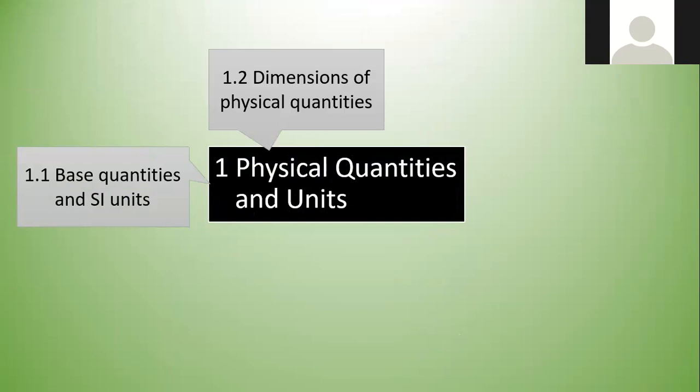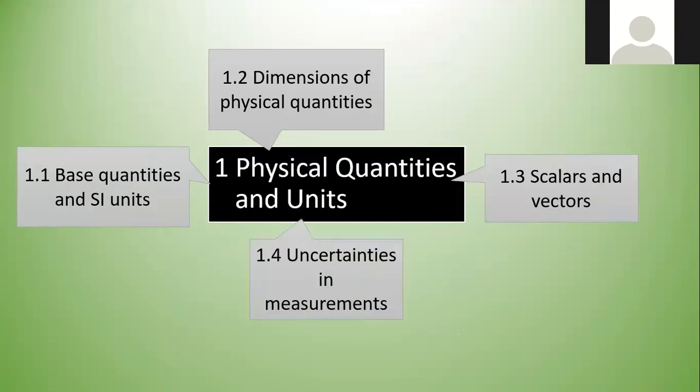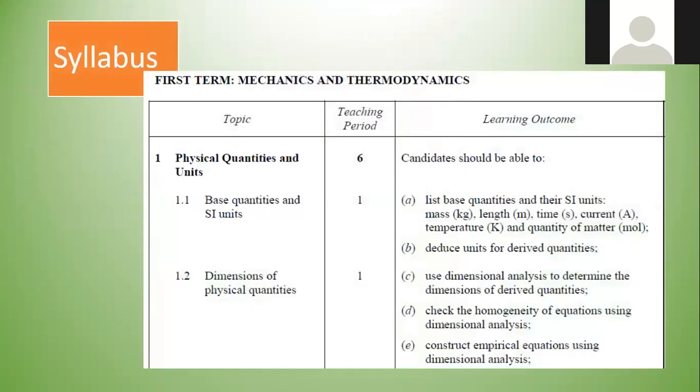Under physical quantities and units, you will study base quantities and units, SI units. 1.2 dimensions of physical quantities, not required for A-level students, but still can be used. Scalars and vectors. Uncertainties in measurement. That is the syllabus for STPM students.